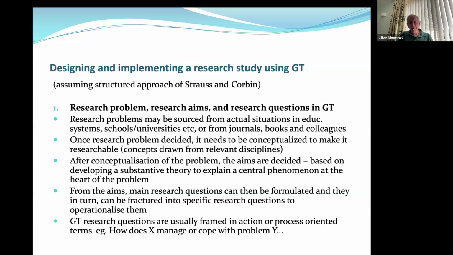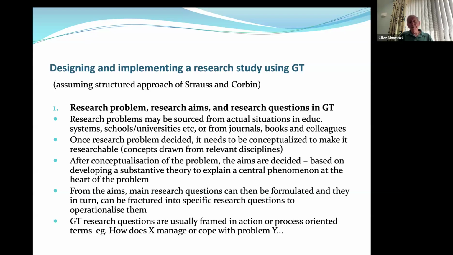Once your research problem's decided, the aim is to conceptualize it. So you have to put it in academic conceptual language. And after conceptualization of the problem, you decide the aims, which in GT's case is to develop a substantive theory to explain the central phenomenon at the heart of the problem.